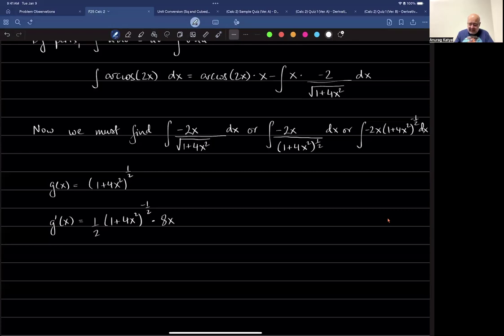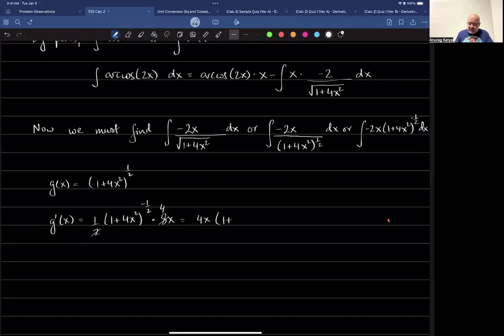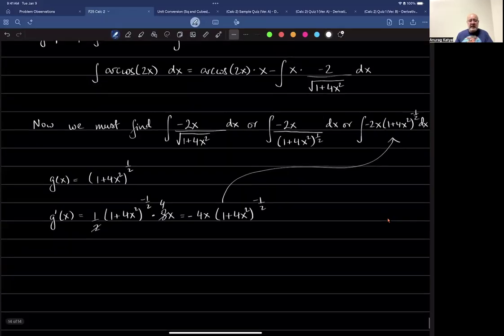So if we simplify this, let me bring it to the front, 2 would go into 8 4 times. 4x times 1 plus 4x squared raised to the negative 1/2. Is this exactly the thing we were trying to integrate? No, I'm missing a negative sign. So how do I include a negative sign? I just multiply the top by a negative 1.